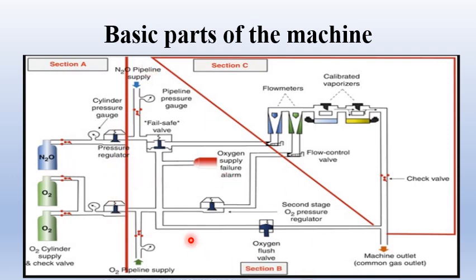Section B has the pipeline supply of nitrous oxide and oxygen with the check valves and gauges, a fail-safe valve with oxygen supply failure alarm, another second stage oxygen pressure regulator, and the oxygen flush valve. Section C has the flow meter and flow control valve, vaporizers, check valve, and common gas outlet. We will discover these parts over the next slides.